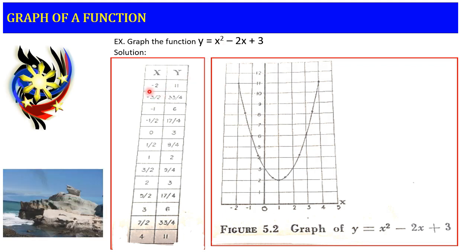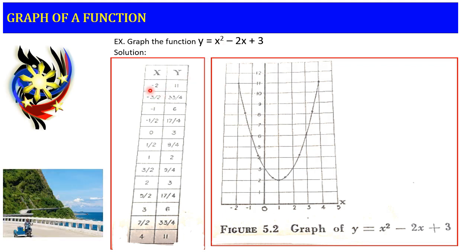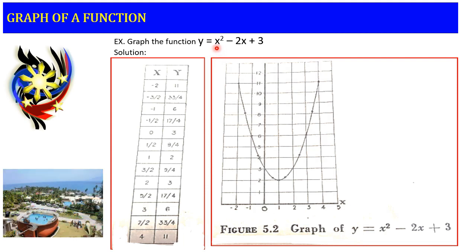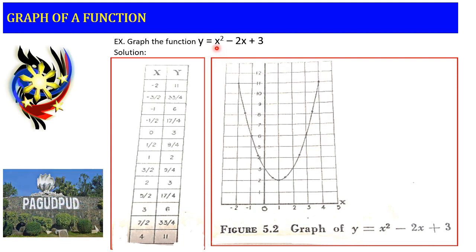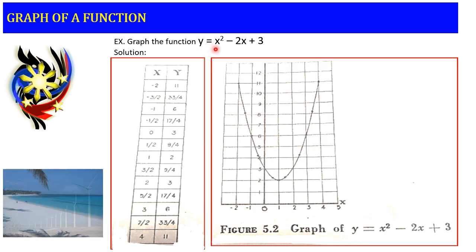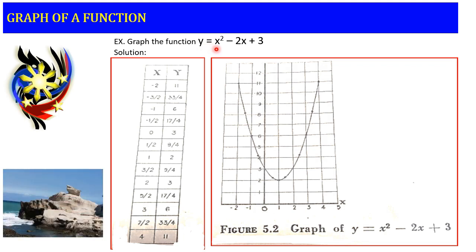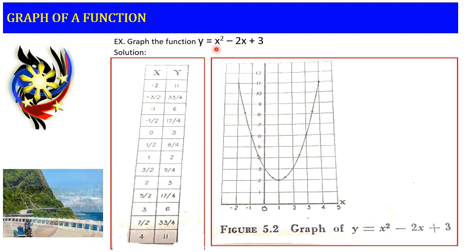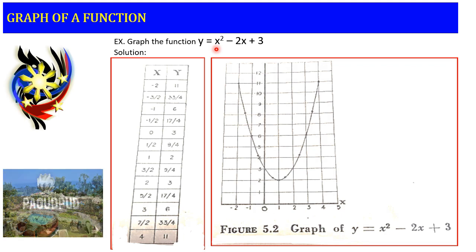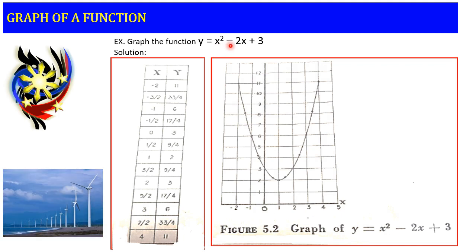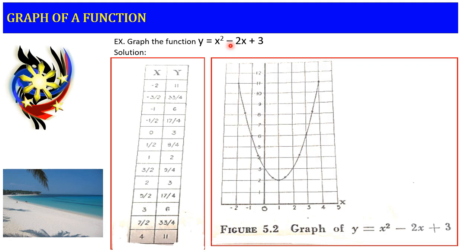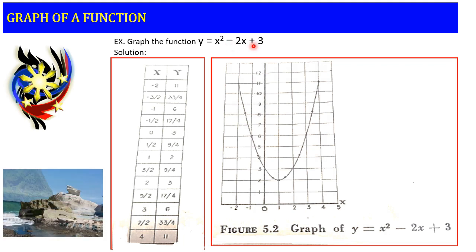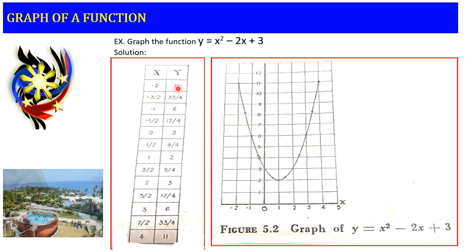So halimbawa po, nilagay natin negative 2, then i-evaluate po natin yung f of negative 2 dito, no? So ang mangyayari, negative 2, 4 yan, ano? 4, tapos plus 4, tapos plus 3, edi 11 po, ano?